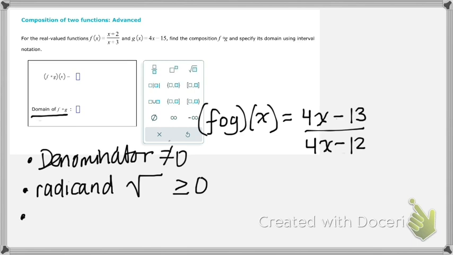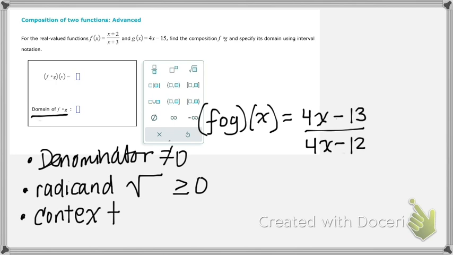And then there's the final one, which you may not encounter at all, or maybe you have, but it's context. If we're dealing with a word problem, say about money, and it doesn't make sense to have any negative money, so the domain is greater than or equal to 0. These are the only 3 times that we're going to have a limitation on the domain of a function.